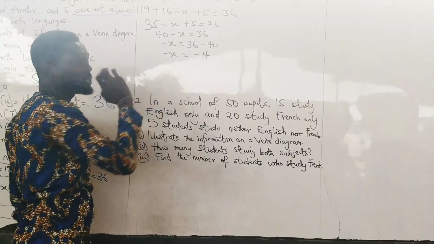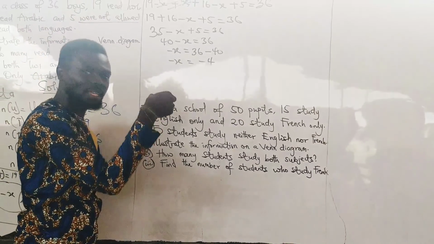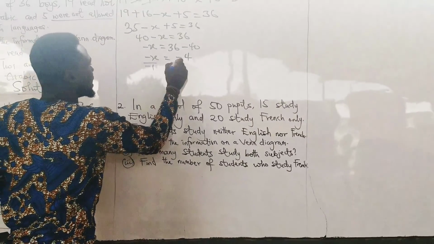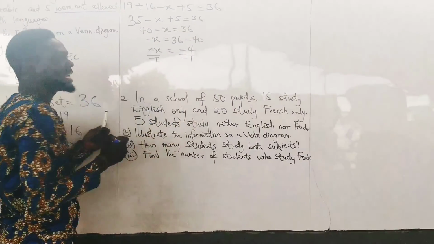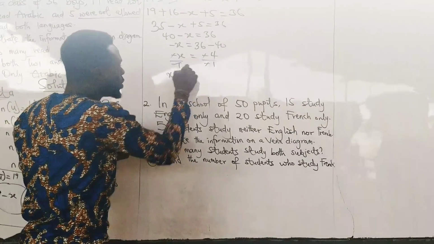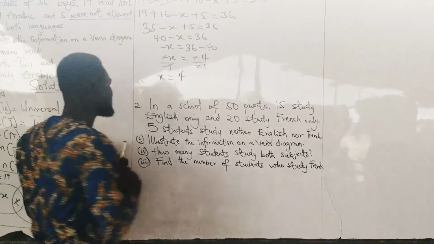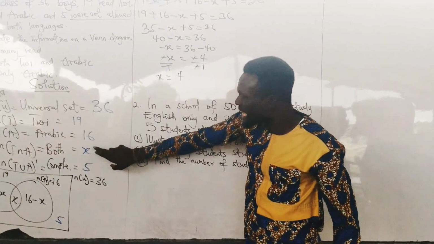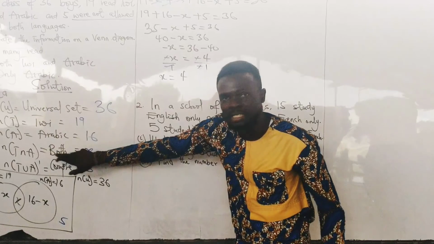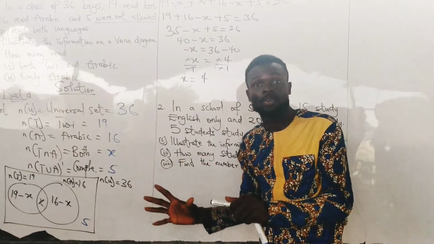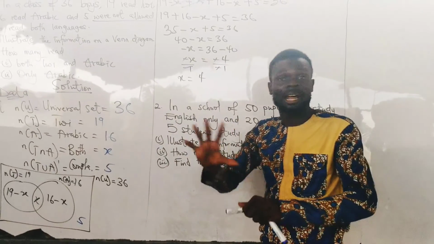But since we are having negative x, we will divide both sides of the equation by negative 1 to get rid of the negative x. And that gives us x is equal to 4. Now the question is, what is x? From our data, we said let x be the number of students that read both languages, that is Chi and Arabic.